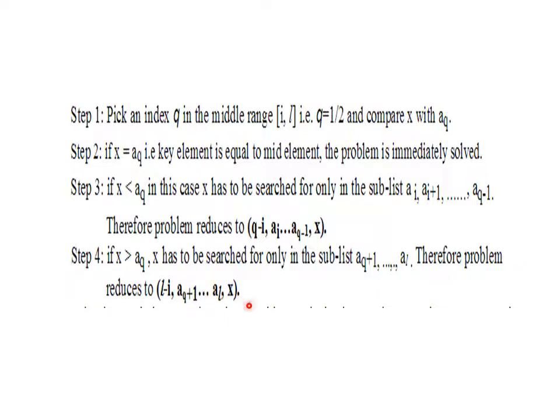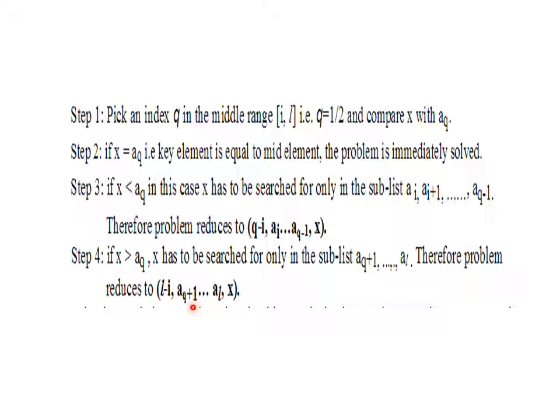Then the third condition is true, then the remaining numbers, that is a5 till a8, while a1, a2, a3, a4, these four items are not the search items. The remaining four numbers, that is why we are getting L is 8 minus Q, not I, 8 minus Q is equal to 4, that is 4 items, total number of items, and A of Q plus 1, because Q is 4, plus 1, that is A of 5, A of 6, A of 7, A of 8.